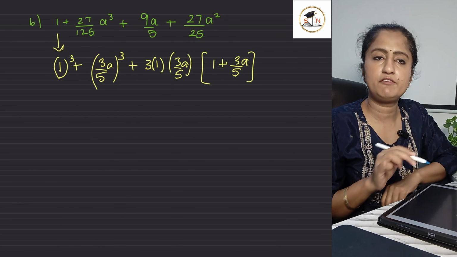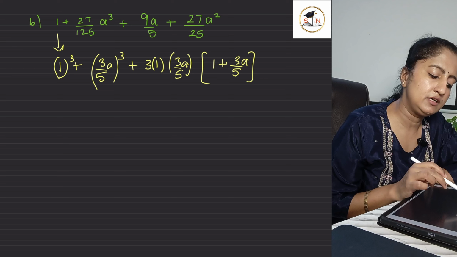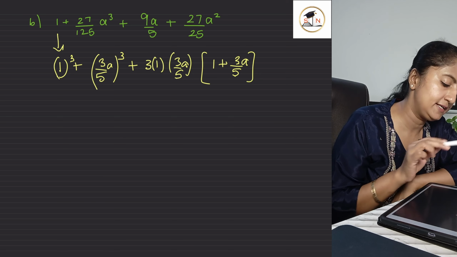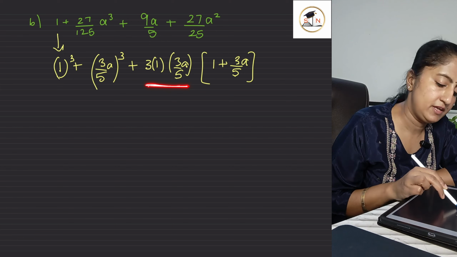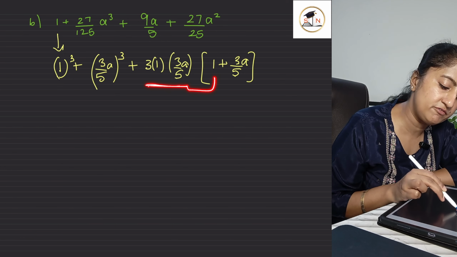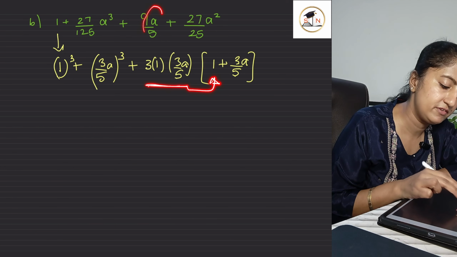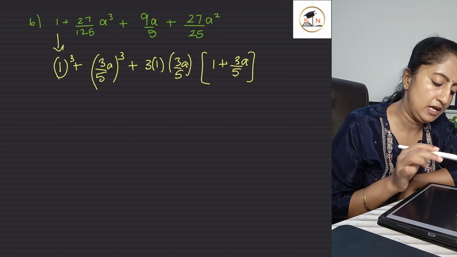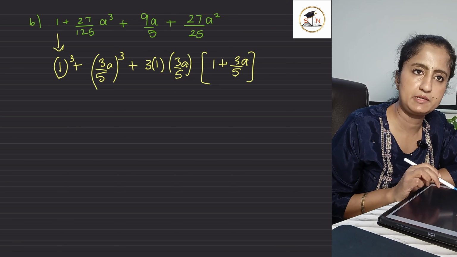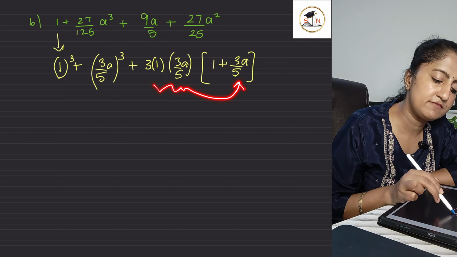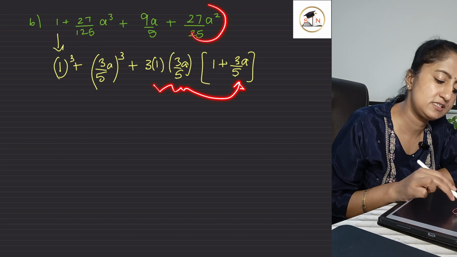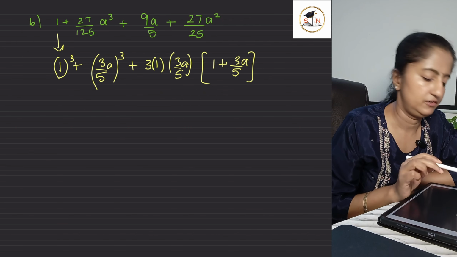We will verify are we actually getting the terms that are written on top, and see how. This is 9a by 5. Now if I multiply 9a by 5 with 1, I get 9a by 5. So we are correct. Now let's verify for the last term as well. 9a by 5 into 3a by 5 gives us 27a square by 25, and yes, bingo, we got that, right?